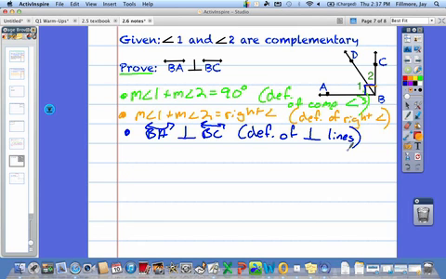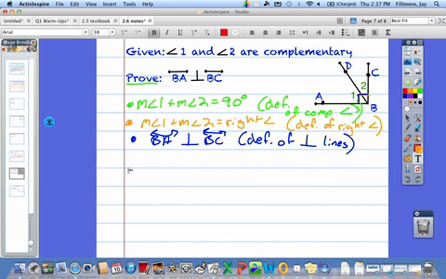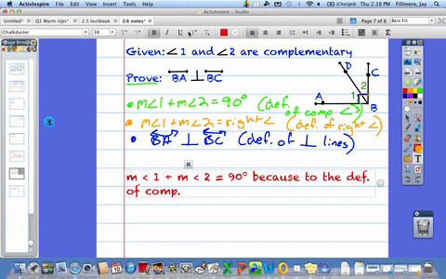So again, just an informal explanation explaining your logic of how you know this proof statement is true, or why you know this is true. For a couple of sentences, we can say that the measure of angle 1 plus the measure of angle 2 equals 90 degrees, due to the definition of complementary angles.